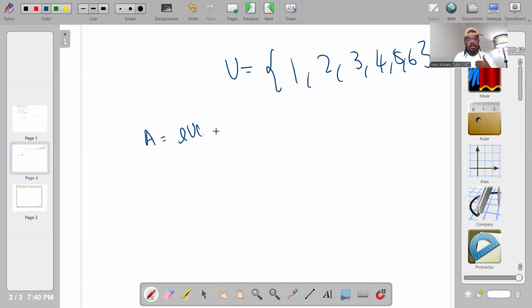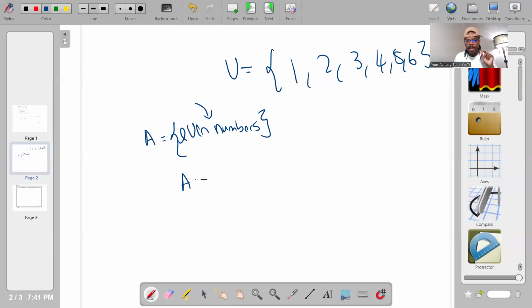That's all I'm going to say, even numbers. But now I want you to understand what is happening here. It's not just all the even numbers in the entire world. It's not 2, 4, 6, 8, 10, 12, 14, 16, 18, 20, and so on. This is really saying I want the even numbers that can be found in the universal set. So this is the definition in words of set A.